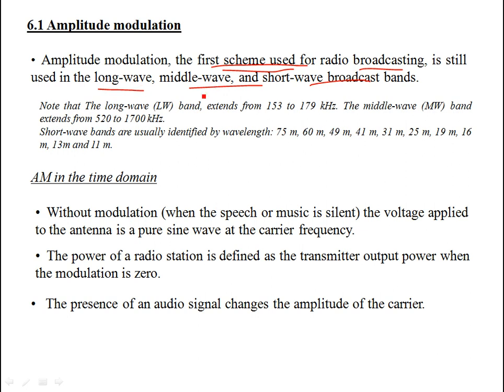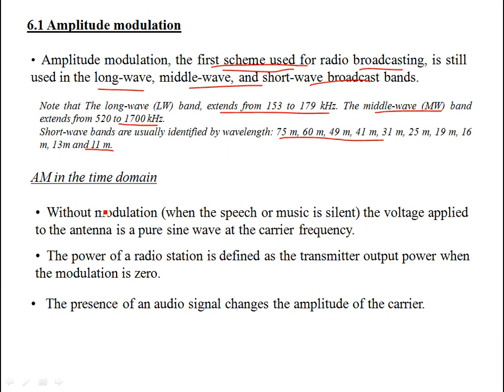Long wave means the band extends from 153 to 279 kilohertz. Middle wave goes up to 1700 kilohertz. Short waves have small wavelengths, 75 meters down to 11 meters. Those are the short wave radio bands.